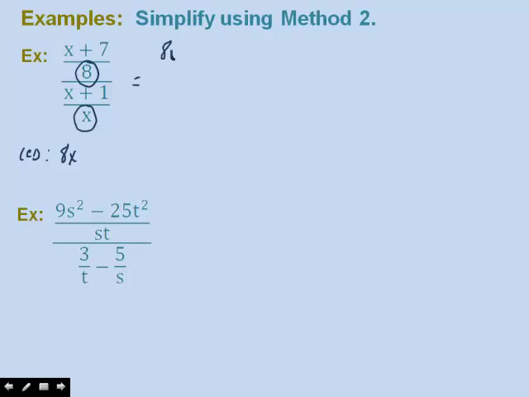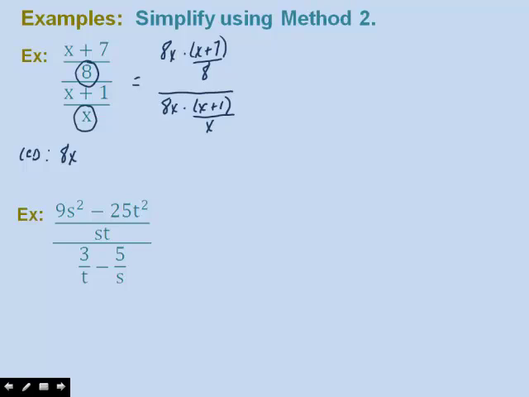Now we're going to multiply each rational expression by that 8x. So we're taking 8x times our x plus 7 over 8. Then in our denominator, we're taking the 8x times x plus 1 over x. Now we want to do any cancellations that we can.